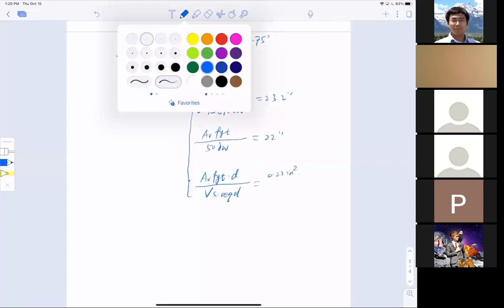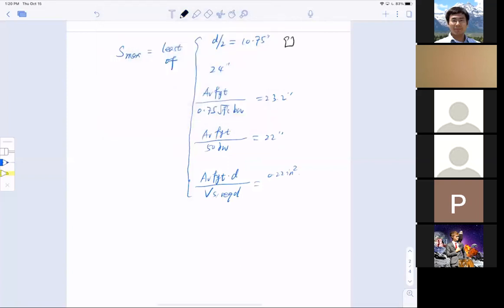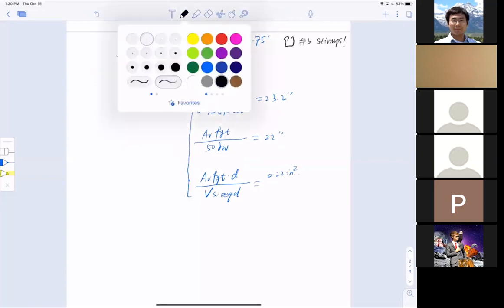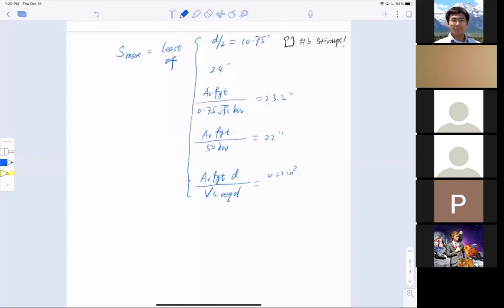Because don't forget, we are using number 3 stirrups, and fyt is 60,000 psi. And I have a 21.5 inch beam depth divided by the required shear, that is 39.3 kips. So 39.3 multiplied by 1,000 pound-force.